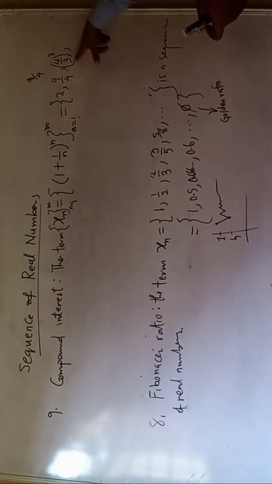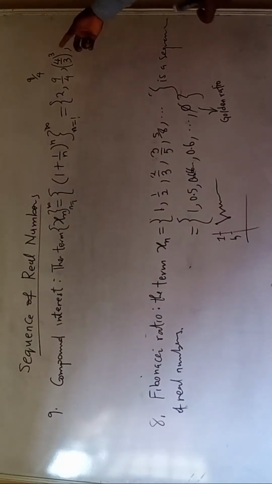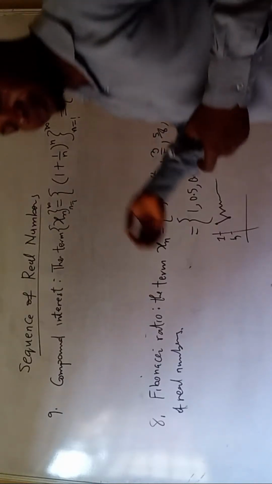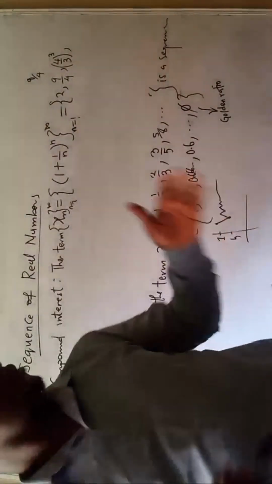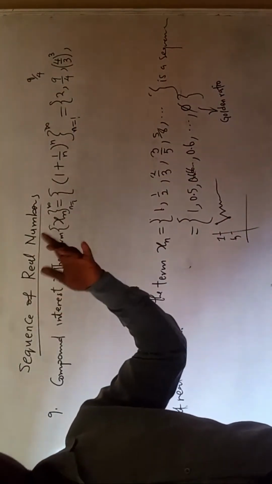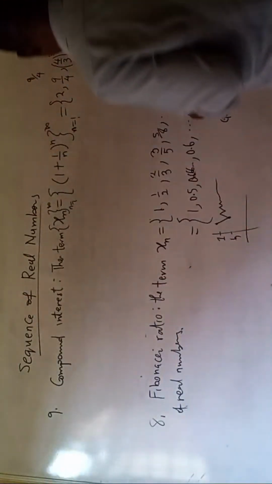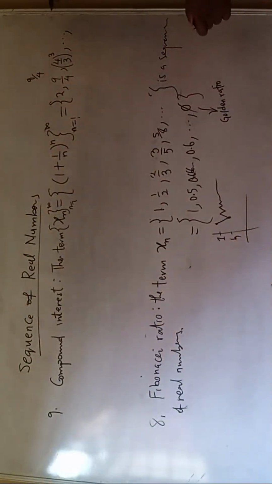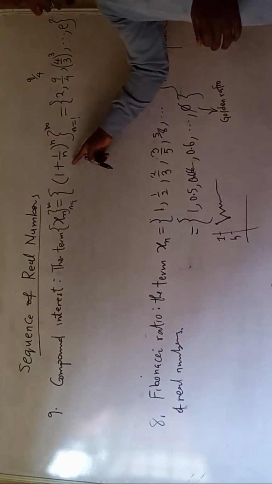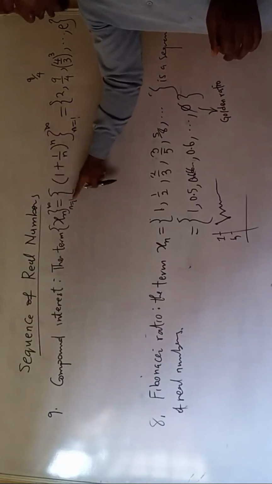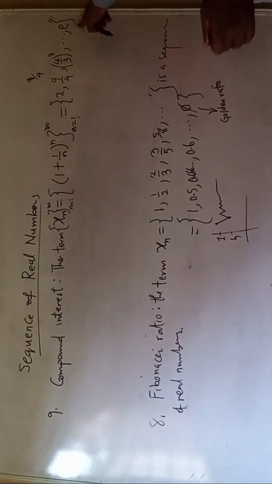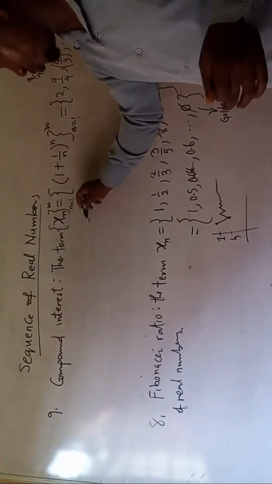But if you continue to compound up to infinity, the sequence has a least upper member, which is referred to as the exponential. What we are saying is that as n goes to infinity, the last number of the sequence will be the exponential, and where exponential will be this.